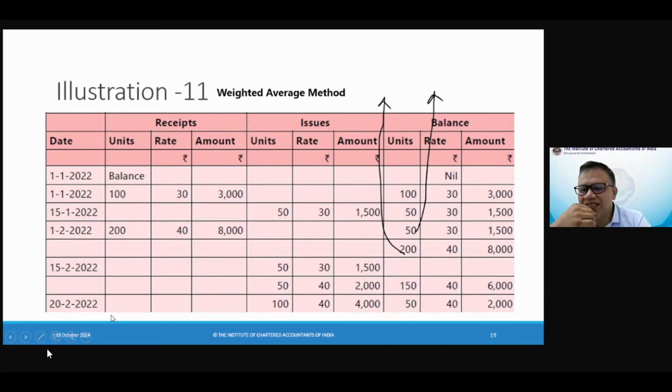After that the balance remaining is 50. So this 50 and this 200, totally 200 plus 50, 250 is the balance remaining.